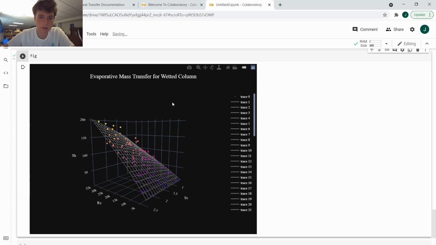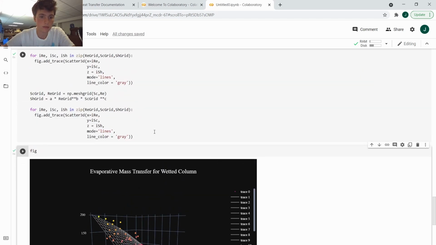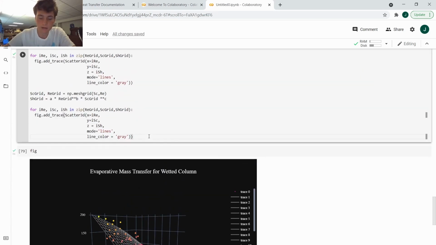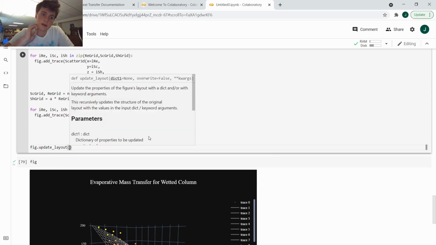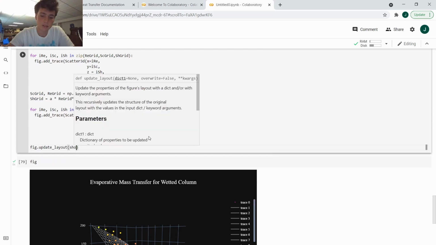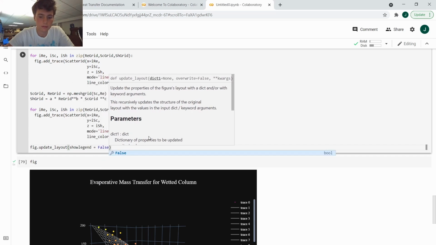Just to clean up the figure a little bit more, we can get rid of this legend here. We can just use the update layout method we did before. Update layout, show legend equals false.